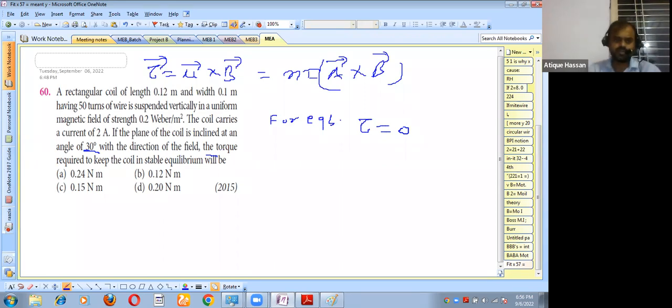If the plane of the coil is inclined at angle theta with the direction of the field, the torque required to keep the coil in stable equilibrium.